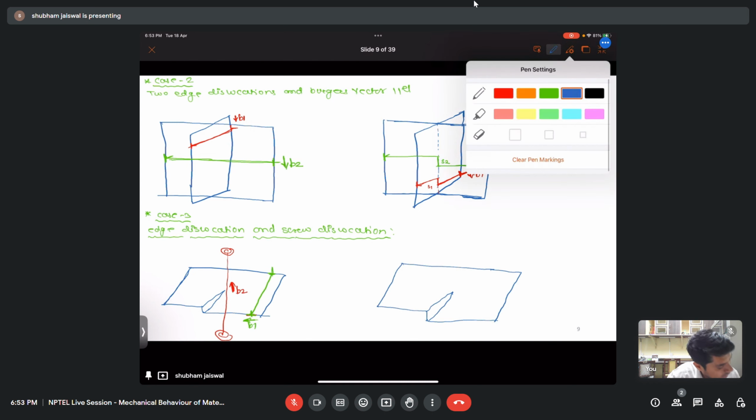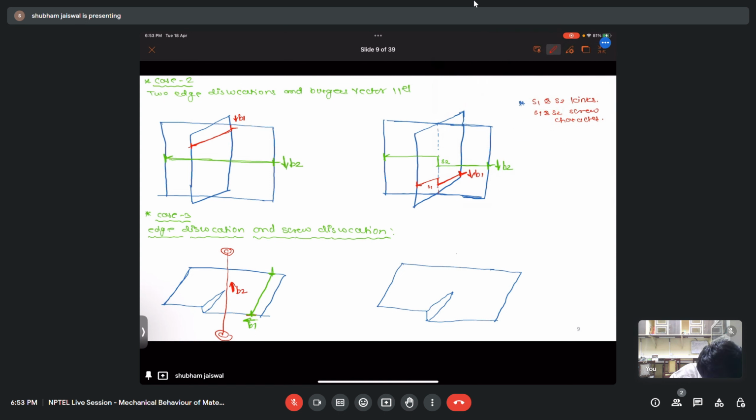So we'll get something like this. So we'll get some step something like this. And let's say this is my step S2 and this is my Burgers vector B2.